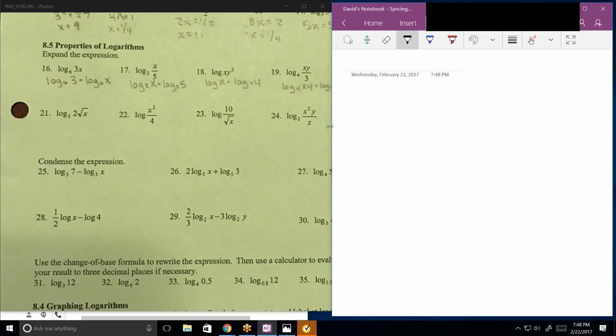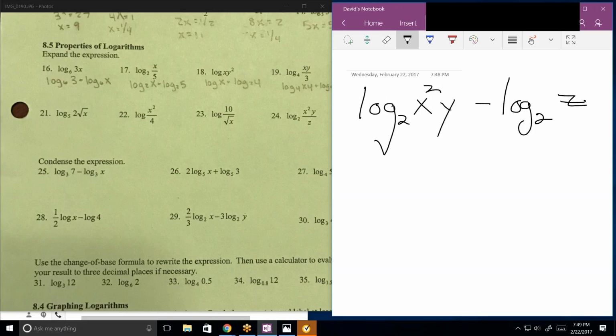How about 24? Okay, so log 2 of x squared y minus log 2 of z. Separate the multiplication first.